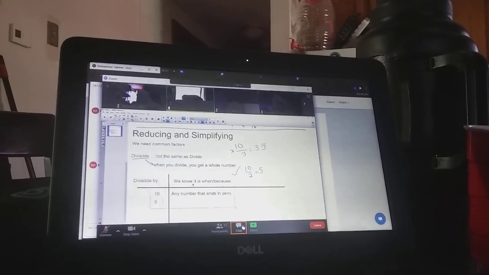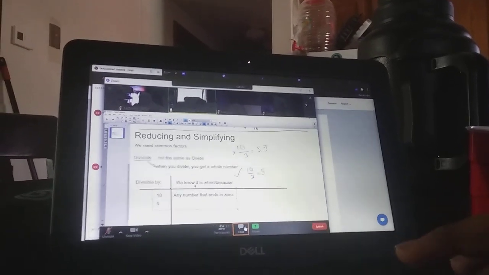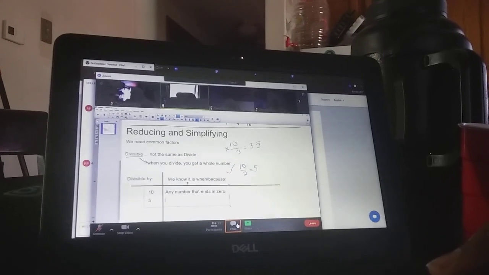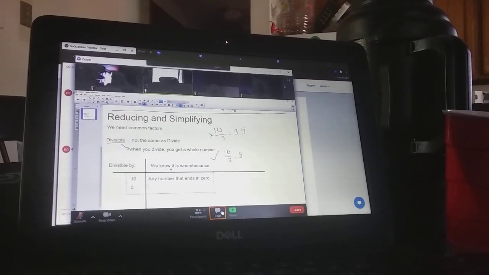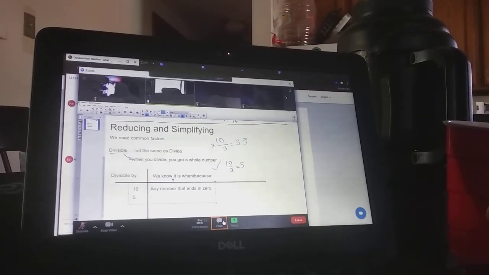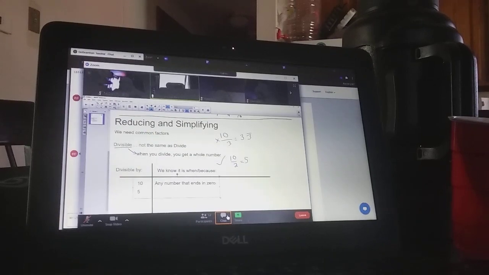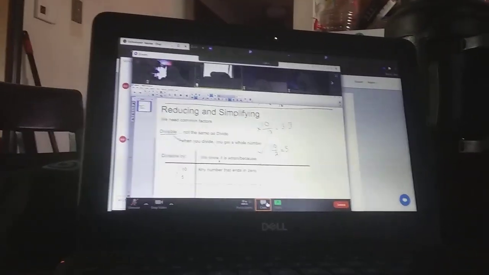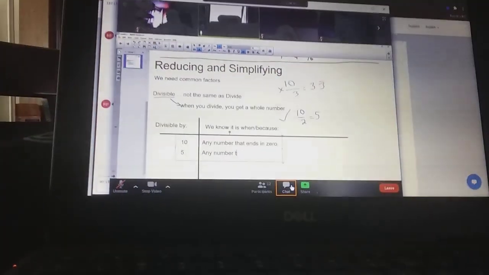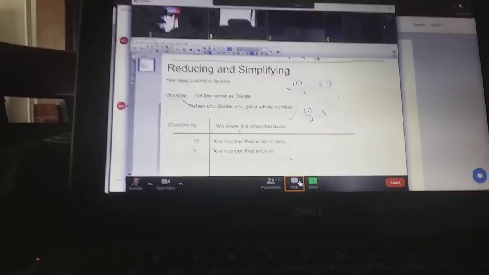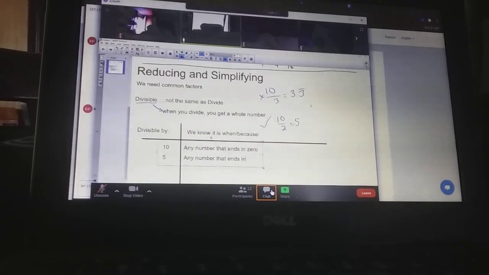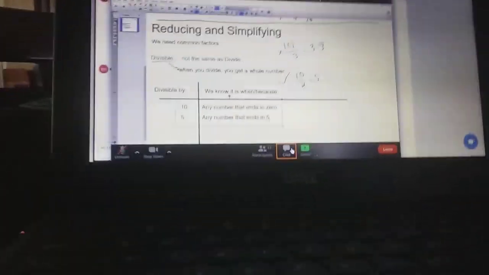What about 5? How do you know if you can divide a number by 5 and you end up with a whole number? Yeah, 10, 15, 20, 25. What do these numbers end in? Yeah. It's going to end in a 5 or a 0.